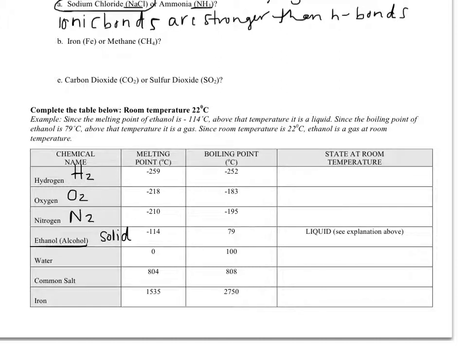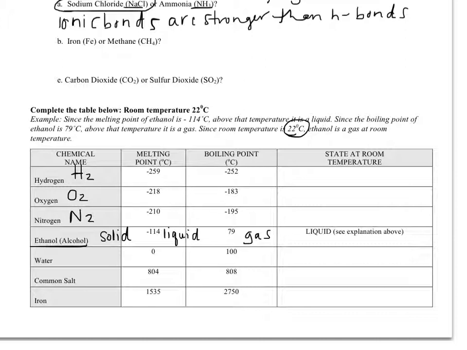And once it reaches negative 114 degrees Celsius, it melts into a liquid. This is alcohol. And then once it gets up to 79 degrees Celsius, so 25 degrees Celsius is room temperature, so this is pretty well above room temperature, that's its boiling point. So higher than that, it would be a gas. So it wants to know, at room temperature, and sorry, I said room temperature was 25.